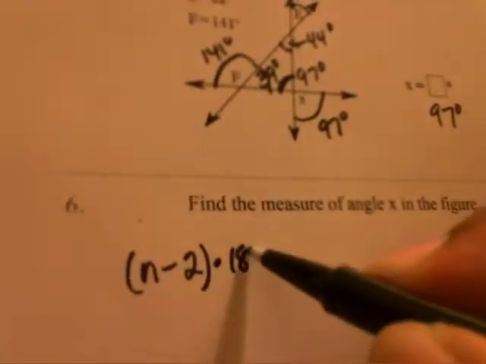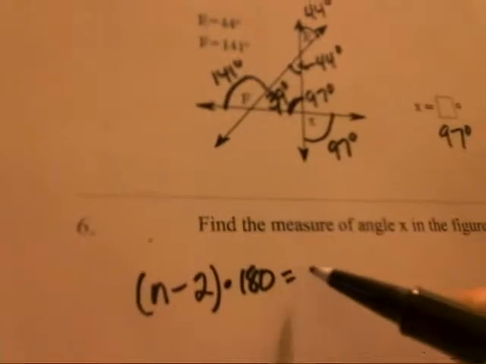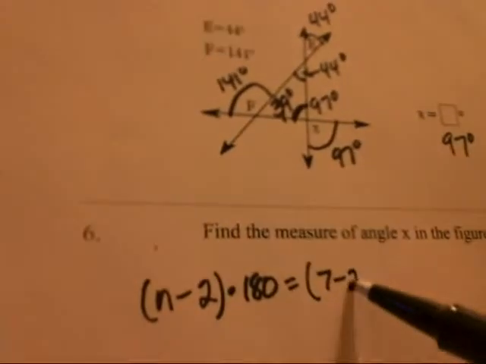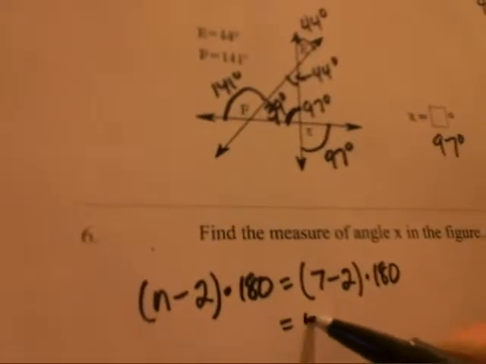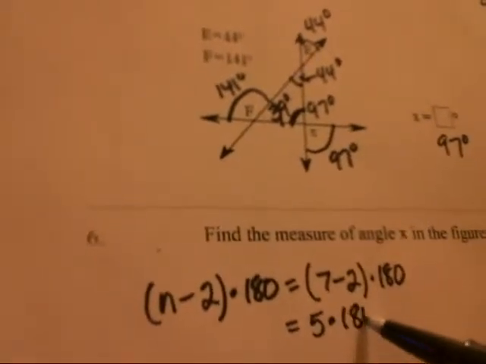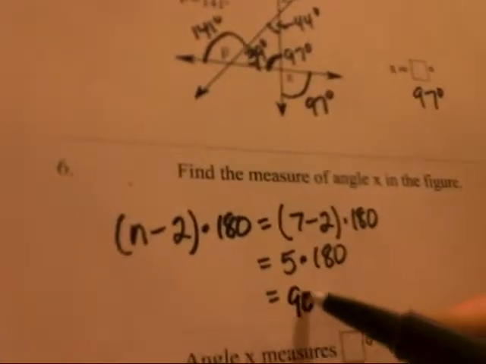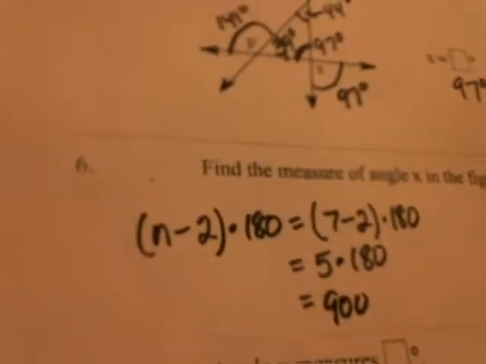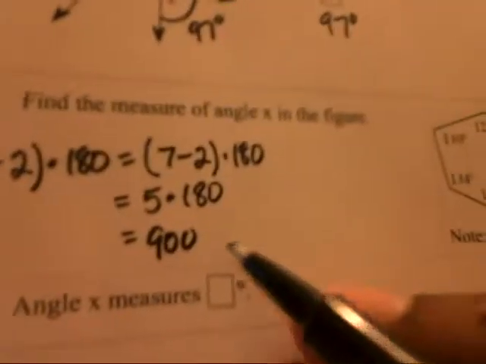N minus 2 times 180. And there's 7 sides, so it'll be 7 minus 2 times 180, or 5 times 180, which would give us 900. So in this case, the sum of all the angles in this heptagon will equal 900 degrees.